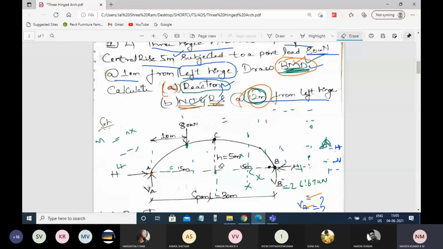Up to 12 meter from the left support, we need to find the normal thrust. Normal thrust will be acting tangent to this particular arch, and the radial shear will be acting perpendicular to this.